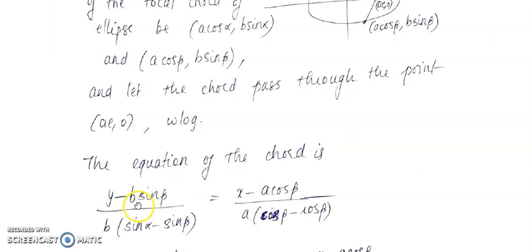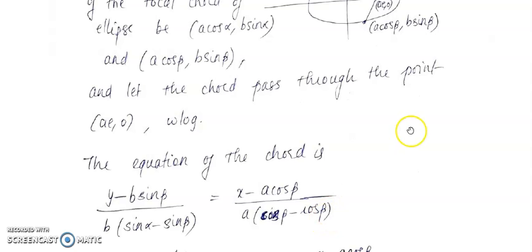So the equation of the chord is given by y minus b sin beta over b sin alpha minus b sin beta, equal to x minus a cos beta over a cos alpha minus cos beta. Sorry, the denominator is a times (cos alpha minus cos beta). Please make this correction here.